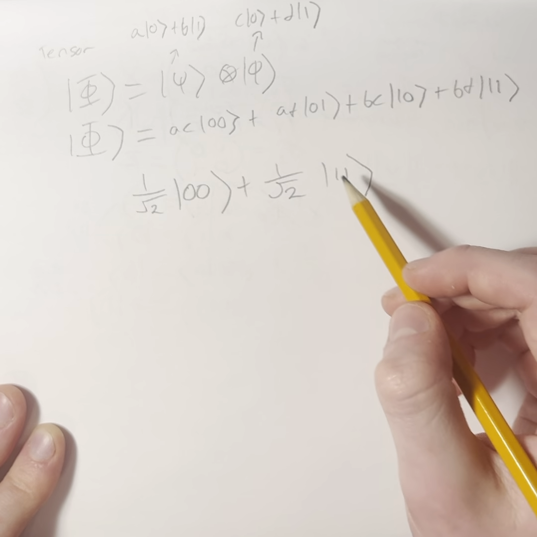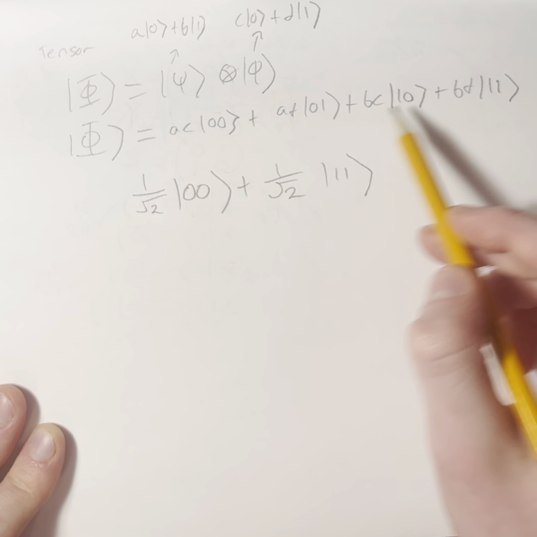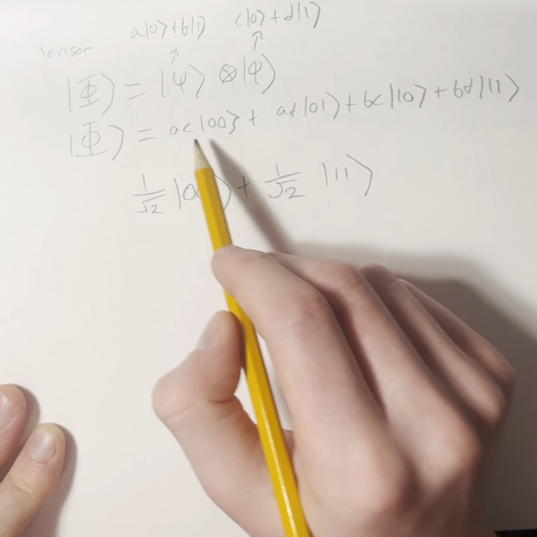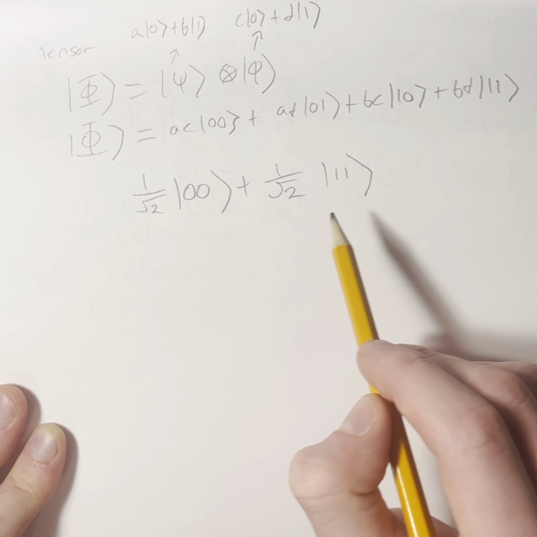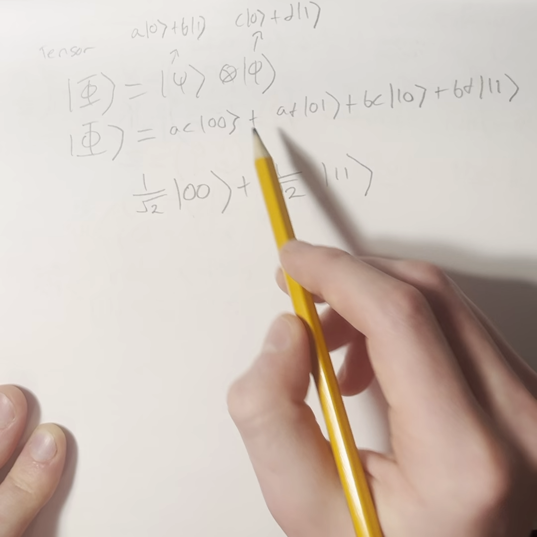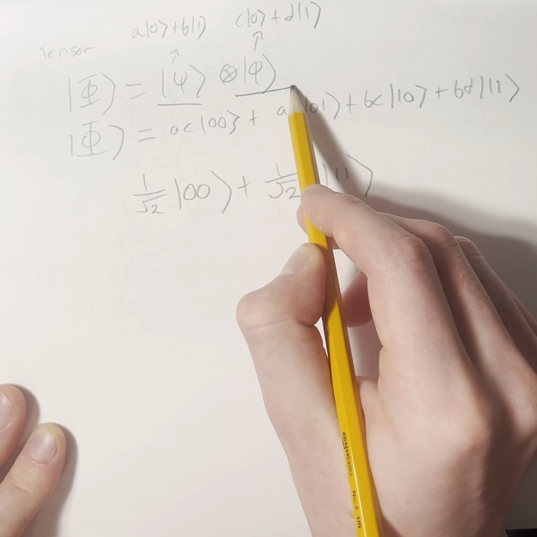That means if both of these are 0, then one of these factors has to be 0, and then that would make these terms 0, which can't happen. So the key idea of this state is you cannot break it down into a tensor product of one state multiplied by one state.